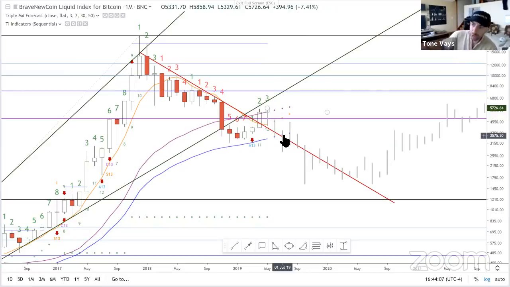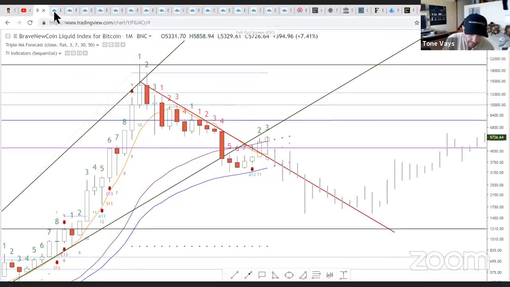And that helps you correct through time instead of through price. Okay, so I didn't change this by much, but I'm still leaning bearish on the bigger trend.